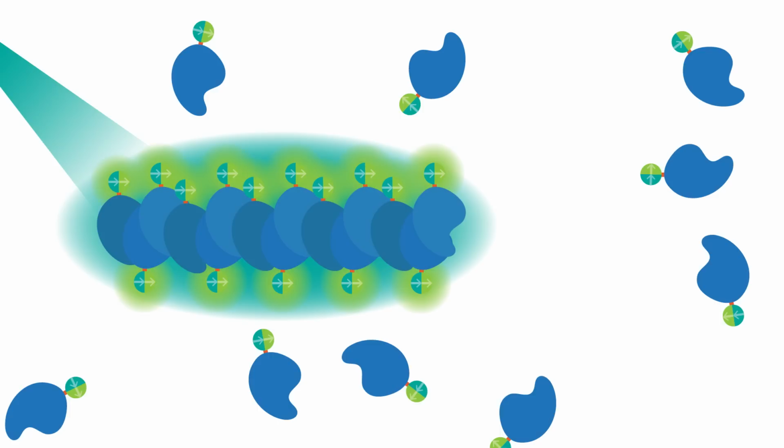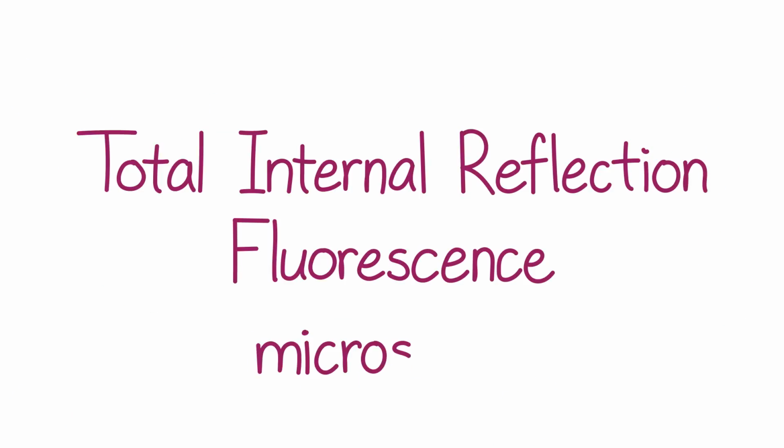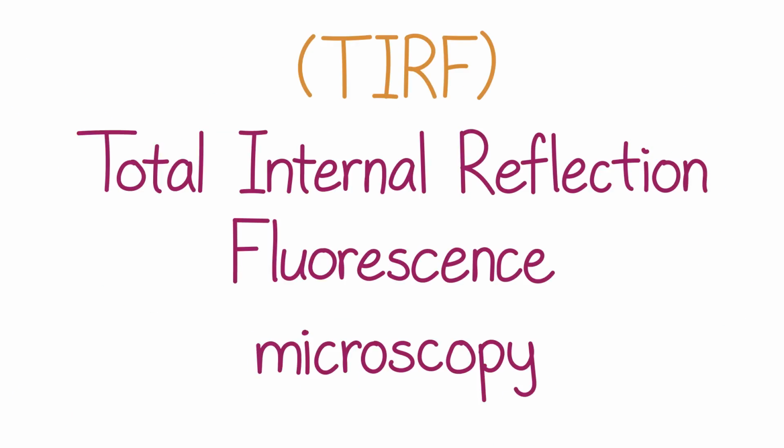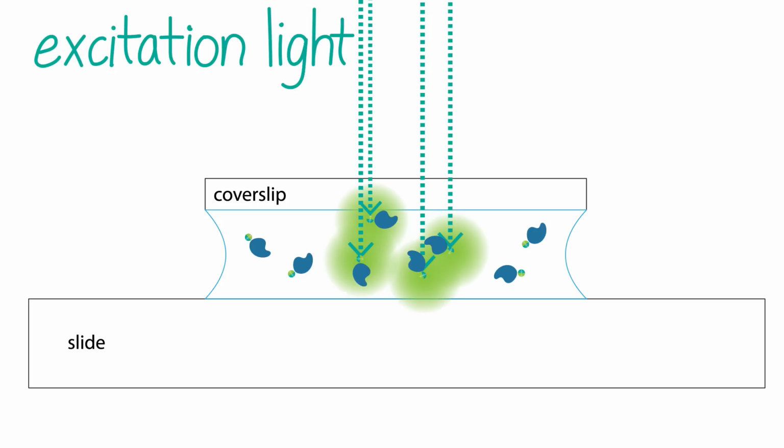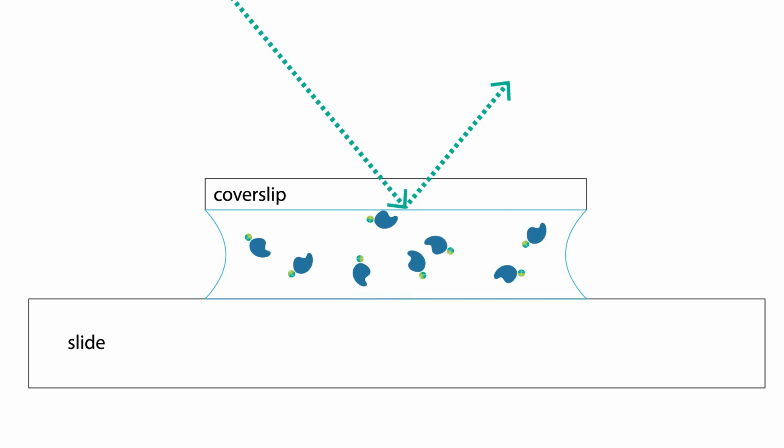One optical technique now widely used in many fields is called total internal reflection fluorescence microscopy, or TIRF. The idea behind this technique is this. Rather than directing the excitation light straight at your sample, which would show you a field of G-actin monomers, you can direct the light at your sample at an inclined angle.